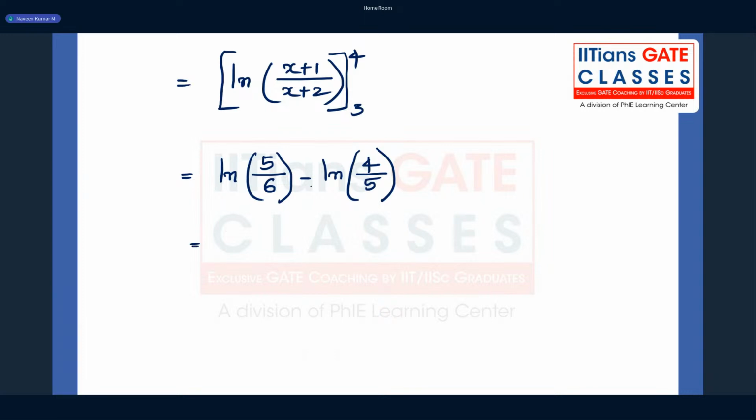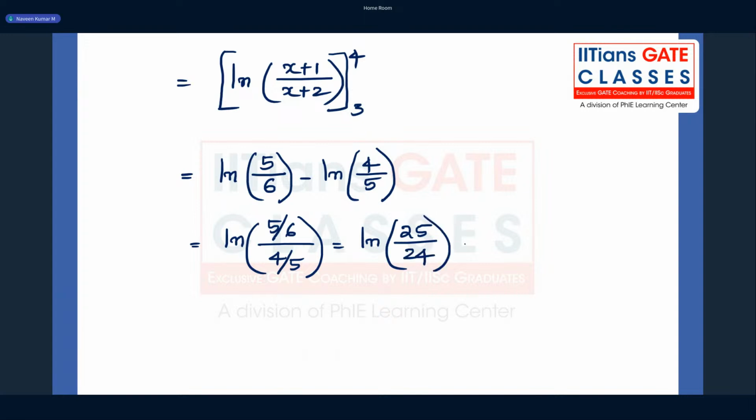Do you know what ln a minus ln b is? It is ln a by b. So we can write this as ln of 5 by 6 by 4 by 5. So this will be ln 5 into 5 is 25 divided by 6 4s are 24. So this is ln 25 by 24.